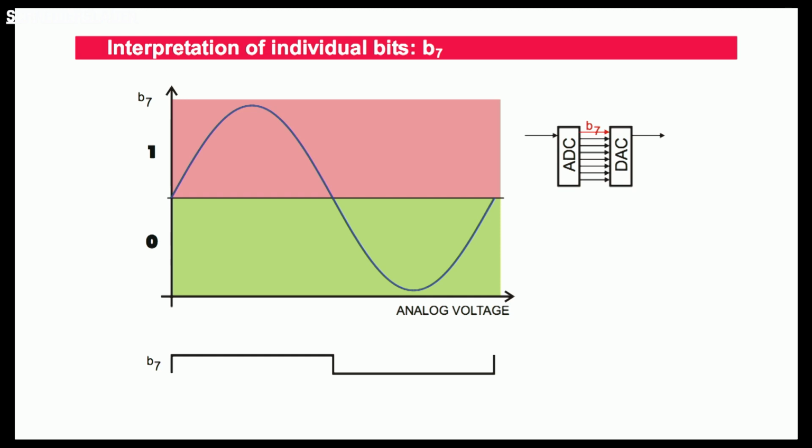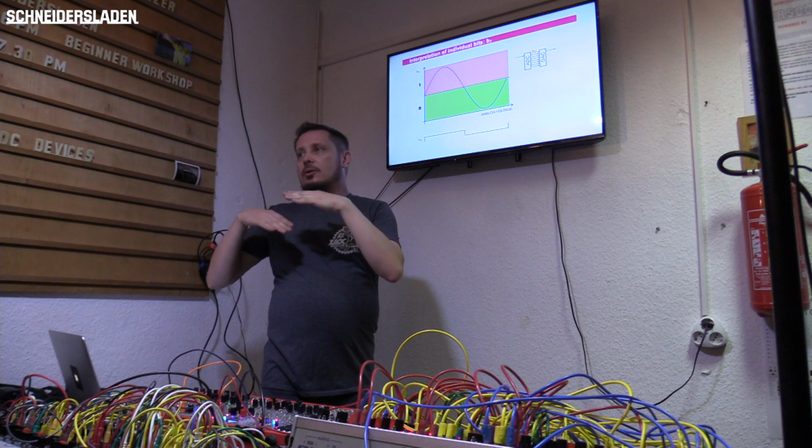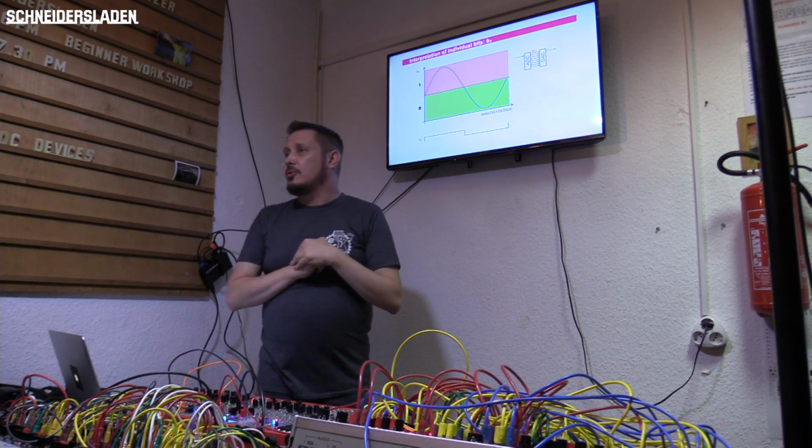Okay. So what's the meaning of individual bits on the outputs on the left side of Drezno? If you look at the highest, the most significant bit, it tells you if we are just at the upper or lower half of the dynamic range of the signal.